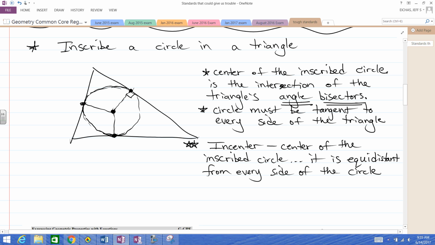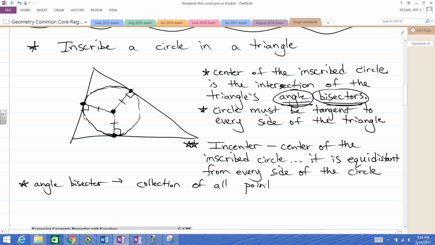Now if you do this, those distances are all the same. So the distance from the incenter to every side should be identical. Now that's kind of why we have to construct the angle bisectors, because the definition of an angle bisector is the collection of all points that are equidistant from two sides.